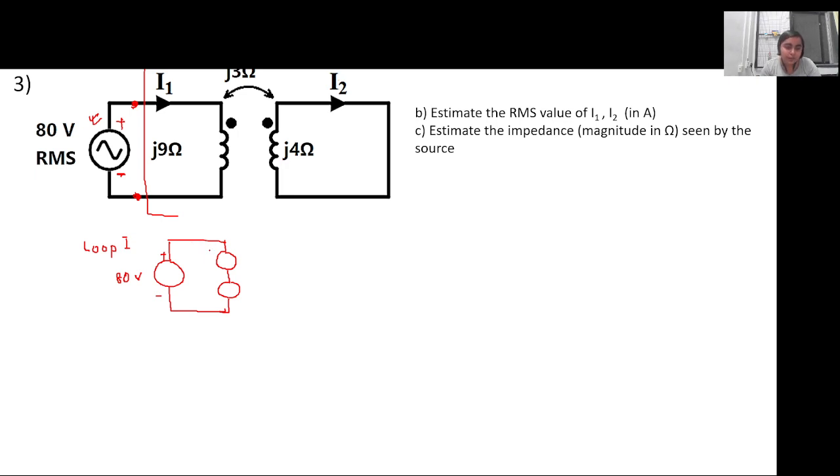Ma'am, I1 is equal to 1.173 j amperes, is it correct? No, I'm actually getting a different value. Okay, ma'am. Okay, let's solve it together and see.